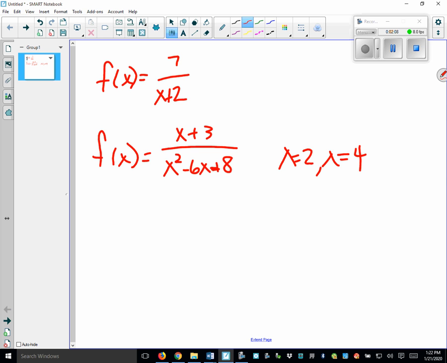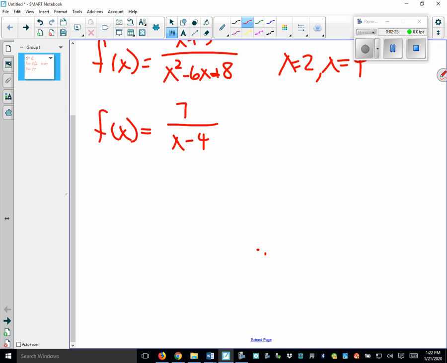That's the first thing. Second thing is identify the horizontal asymptotes. See, this is where it all goes wrong. What is a horizontal asymptote for this?